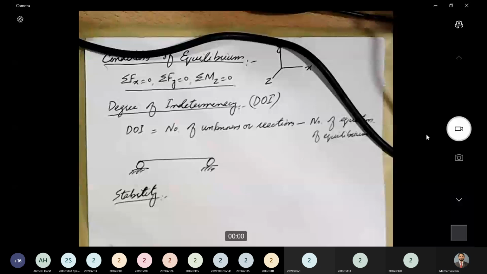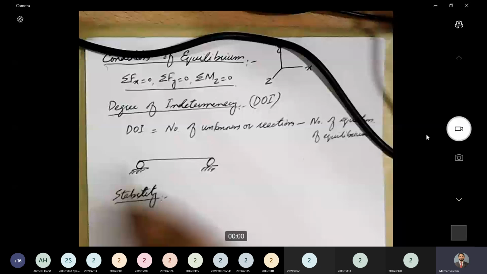It means that under the application of load, the supporting system of the beam or structure should be sufficient, or sufficient reaction should be there so that the structure remains stable. It does not slide off the supports.